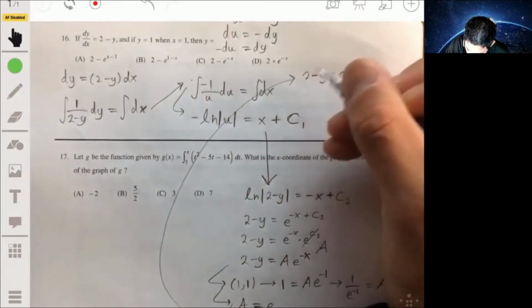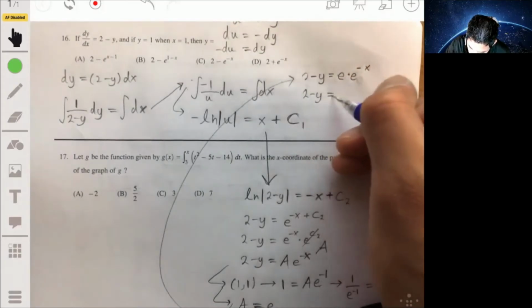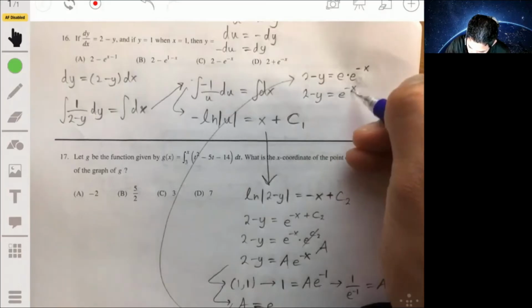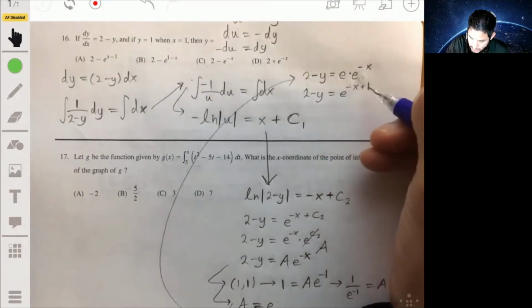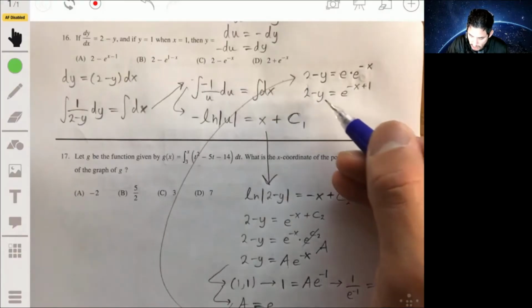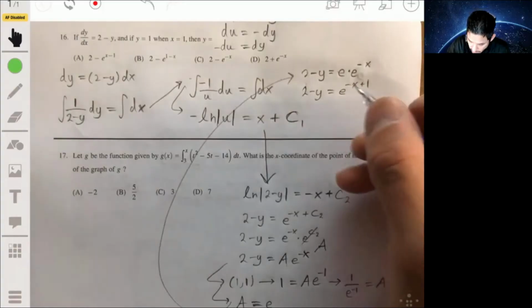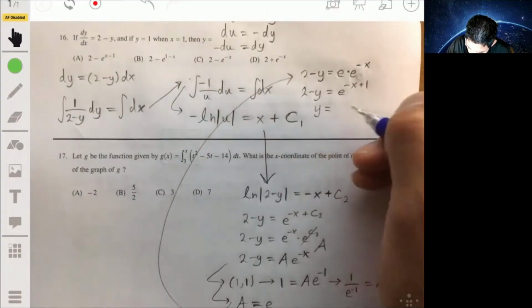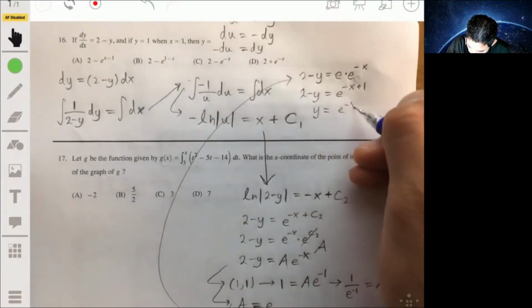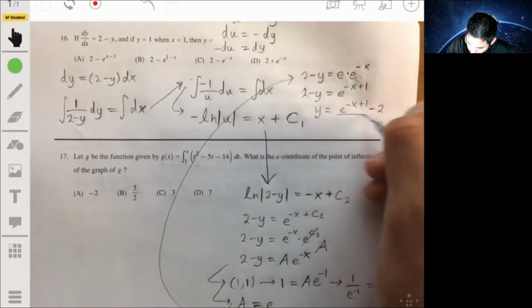This would be the same as 2 minus y equals e to the negative x plus 1, just by the exponent property. And then when we solve for y, let's take away this 2 and divide by negative 1. So then y will be e to the negative x plus 1 minus the 2 divided by negative 1.